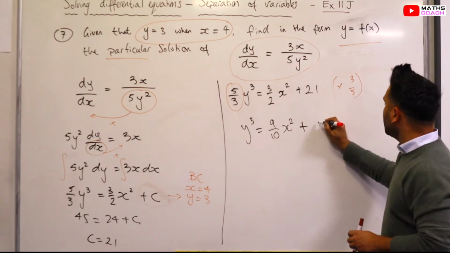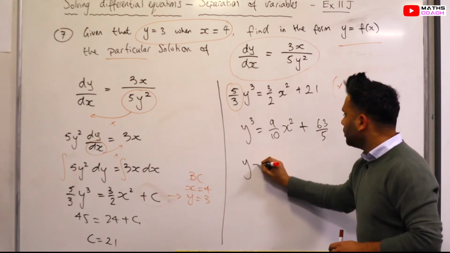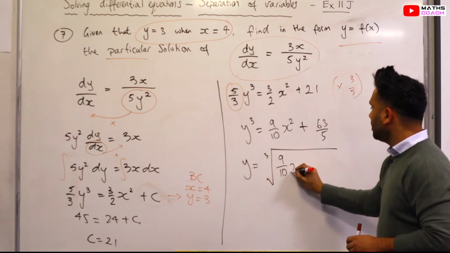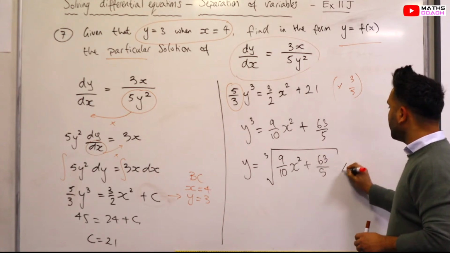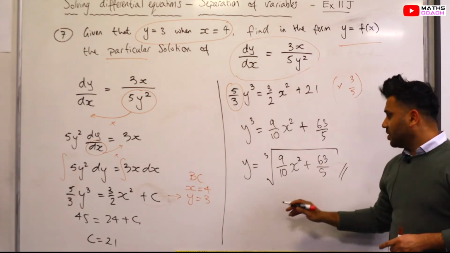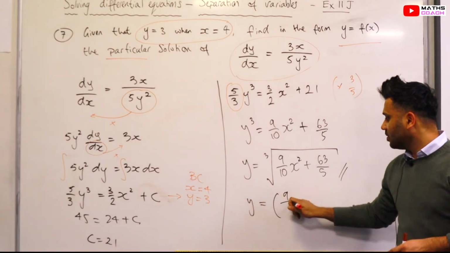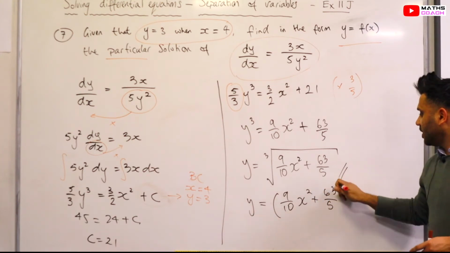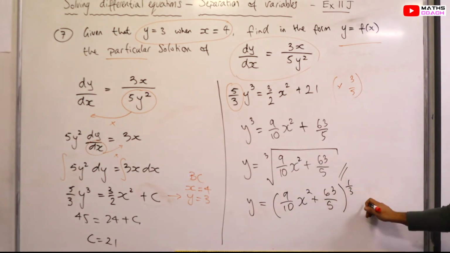So 3 times 21 is 63 over 5. Therefore, y will be the cube root of 9 over 10 x squared plus 63 over 5. And this is the particular solution to this differential equation. And if you prefer to write it in index form, y would be bracket 9 over 10 x squared plus 63 over 5, and the cube root is the same as power 1/3.